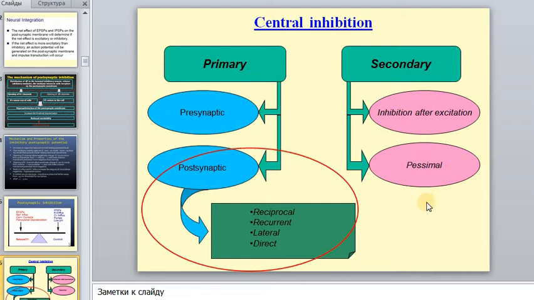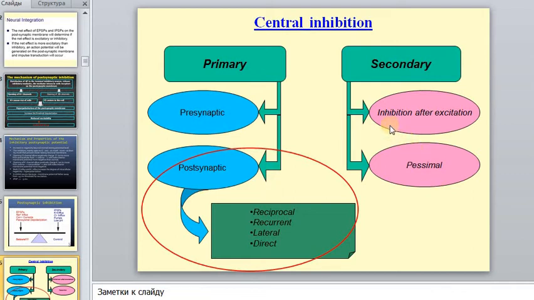Pessimal inhibition is a secondary kind of central inhibition. Pessimal inhibition develops in the excitatory synapses, not in inhibitory, without the molecule of inhibitory mediator, as a result of strong depolarization of the postsynaptic membrane under the influence of nerve impulses arriving very frequently.